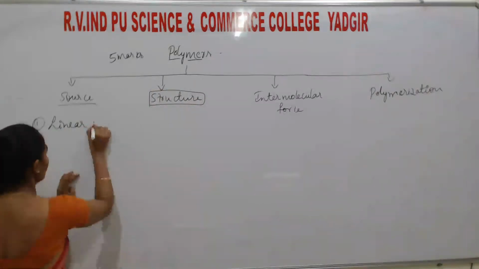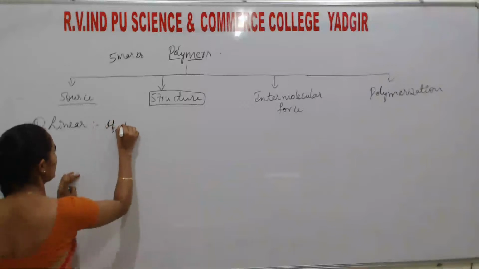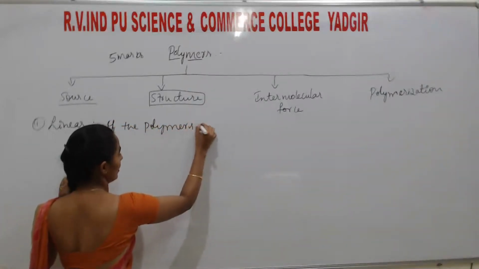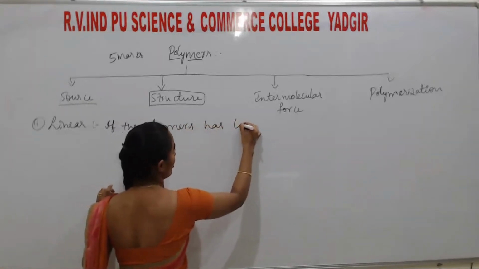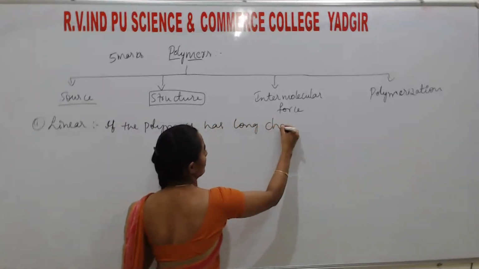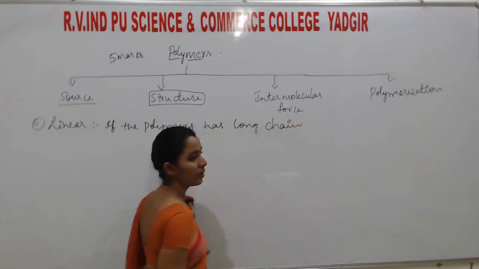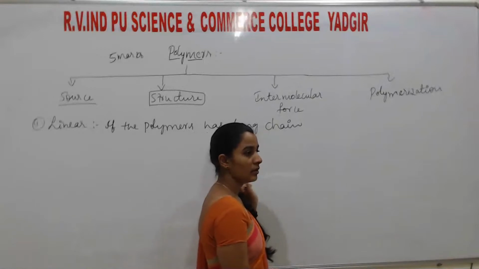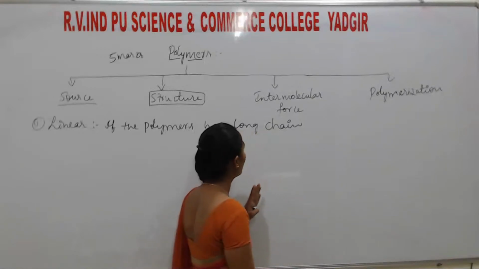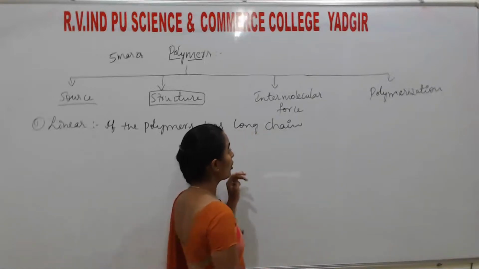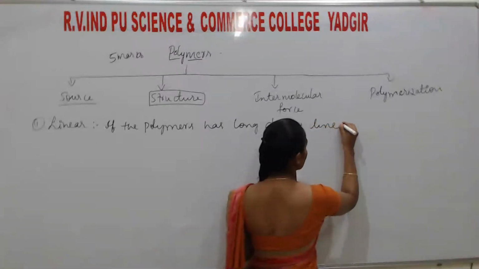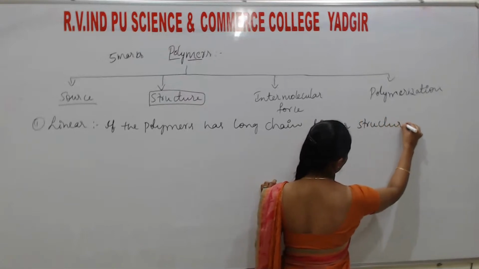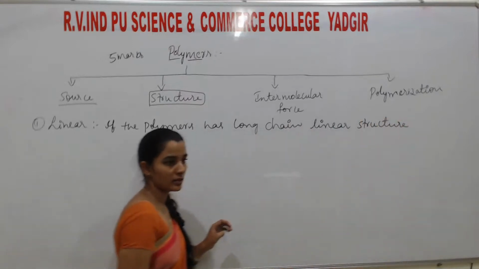If the polymer has a long chain linear structure, it is called a linear polymer.